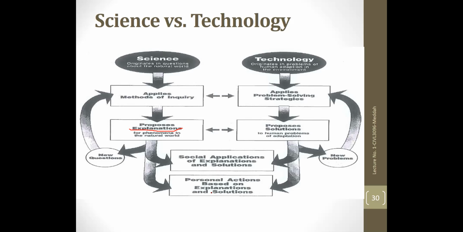Personal action based on explanation and solution. For technology or engineering, it originates in problems of human adaptation in the environment. So you have problems, societies facing problems, industries facing problems, and so on.